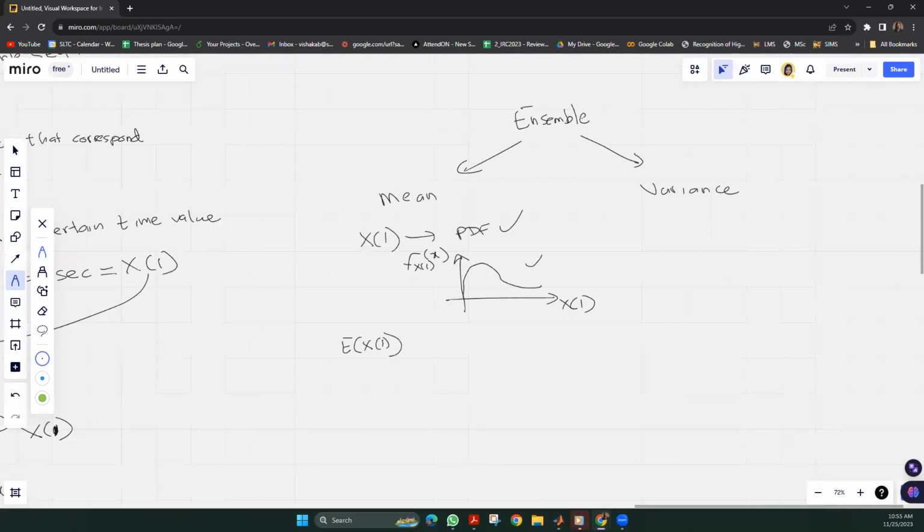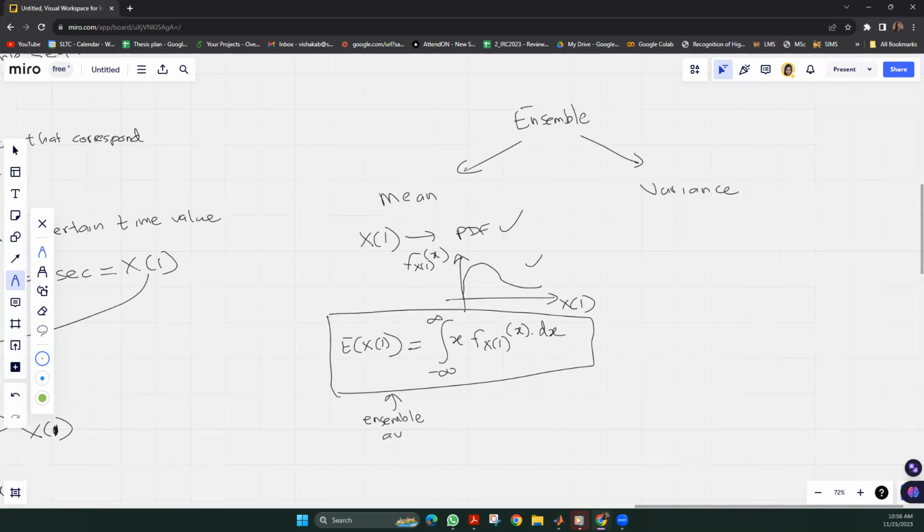Let's say x1 here, since we are considering x1's average, its value will be from minus infinity to plus infinity, or whatever range we are considering for the x variable. Then we take the product between x and the probability density fx1. This equation will give us the ensemble average at x1.